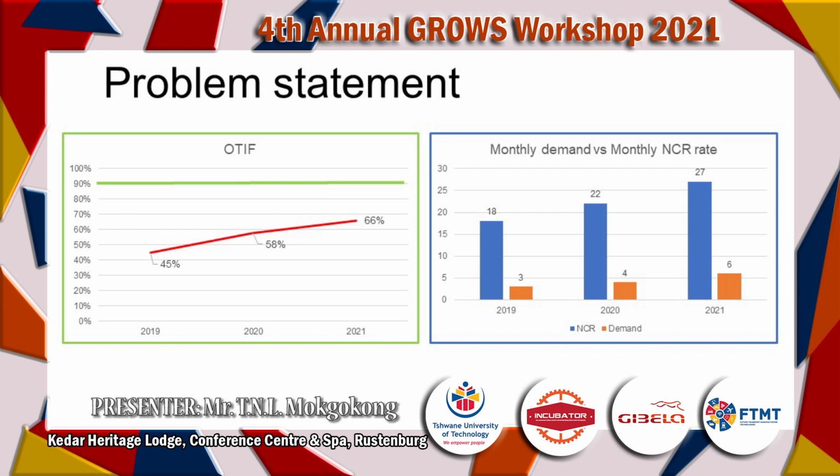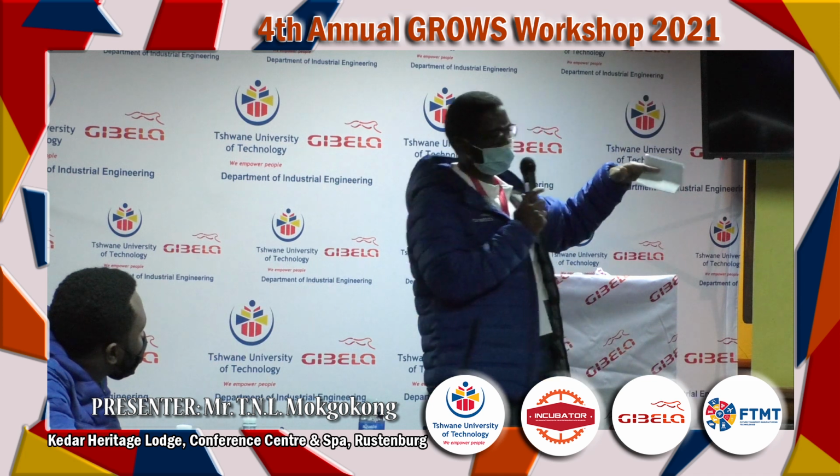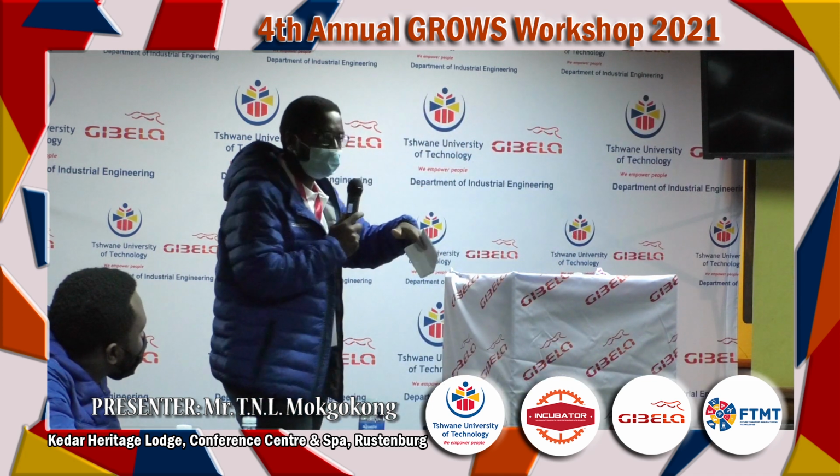So roughly 20 to 35% of activities need to be done to move all your suppliers to where they need to be.